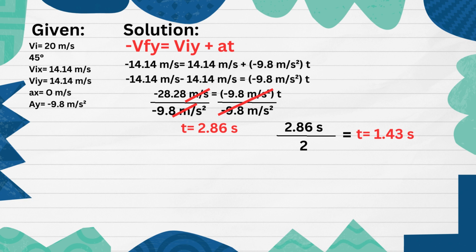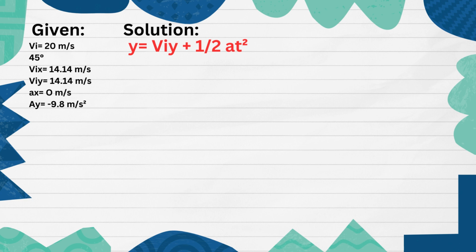So in getting the y, or the vertical, here's the formula that we can use. Y is equal to VIY t plus one half A t squared.